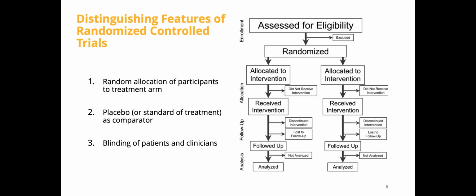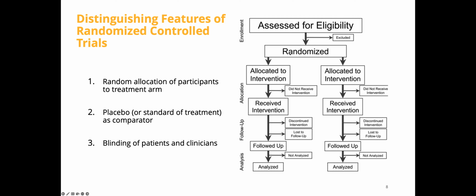So one of the key distinguishing features of randomized controlled trials includes random allocation of participants to a treatment arm. So we have an entire group of patients, and we're going to assess them for eligibility, because typically we only conduct a randomized controlled trial in a particular patient population.